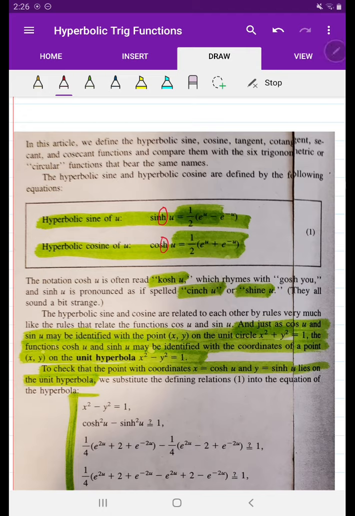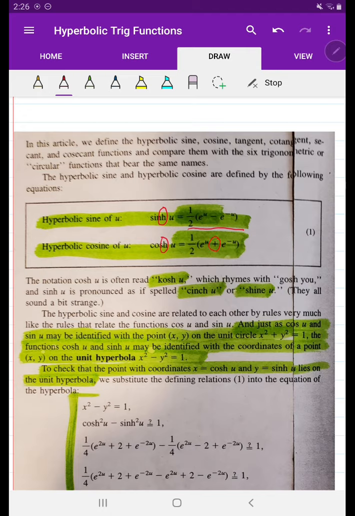I'm not going to get into too much of where they come from and how to derive them. A lot of this we're just going to be presenting you with the identities, and then the work is going to come from the algebra to switch back and forth between them. So the hyperbolic sine of u, which we call cinch u, is 1/2 times (e to the u minus e to the negative u), and then cosh u, the only difference is we have a plus sign in the middle.